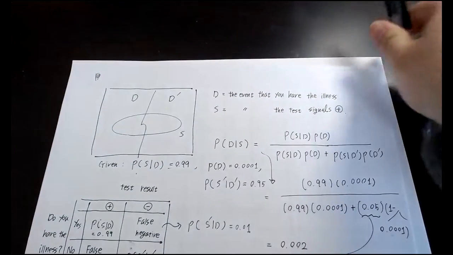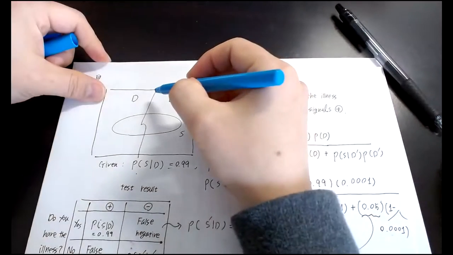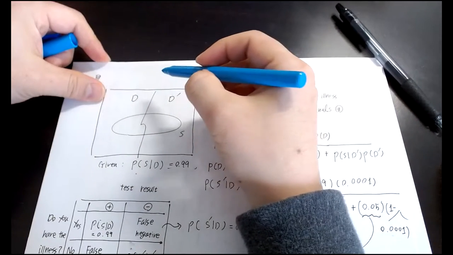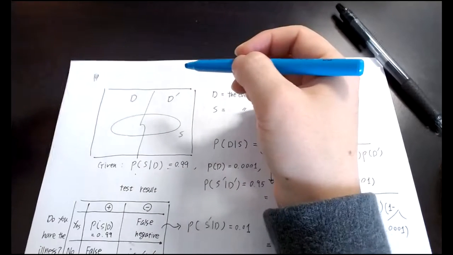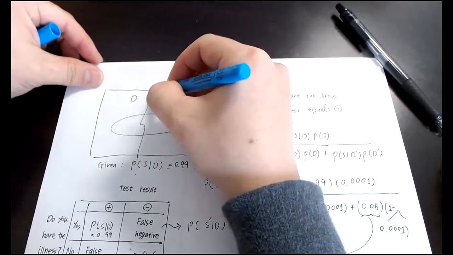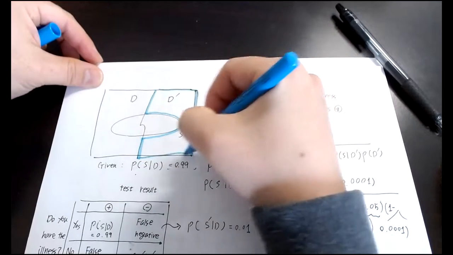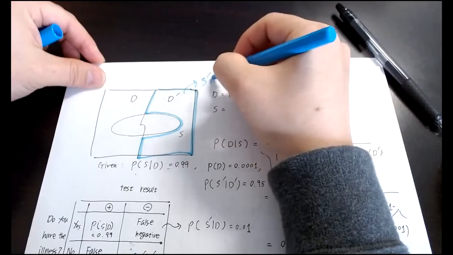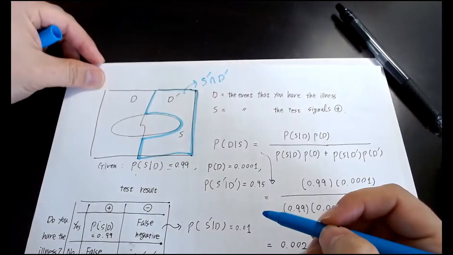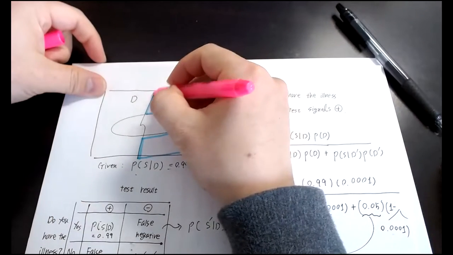Where is S prime? S prime is right here. This is the S prime intersection D prime, right? And what's D prime? D prime is this.